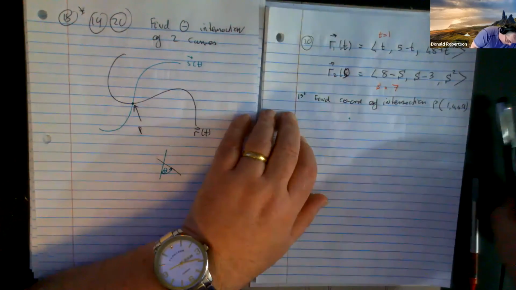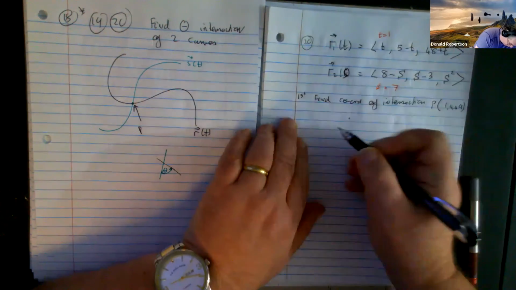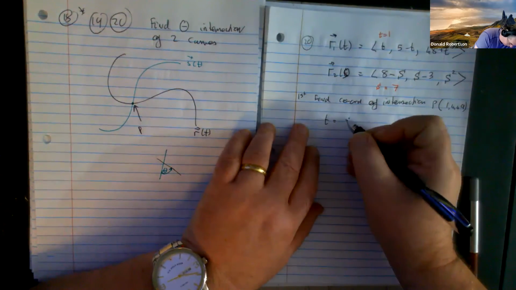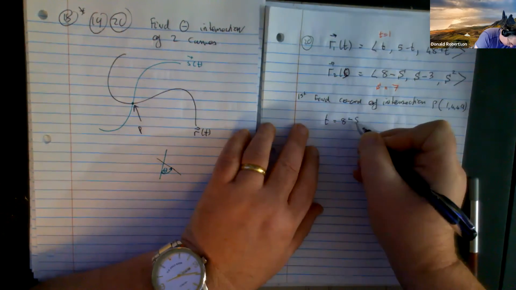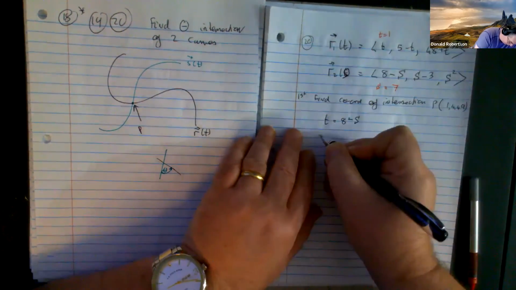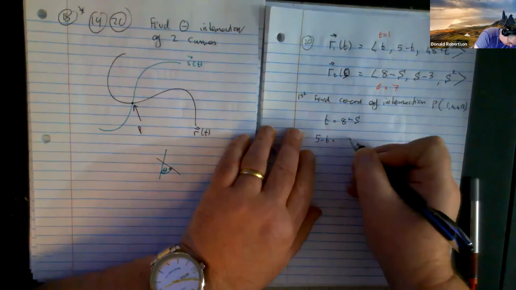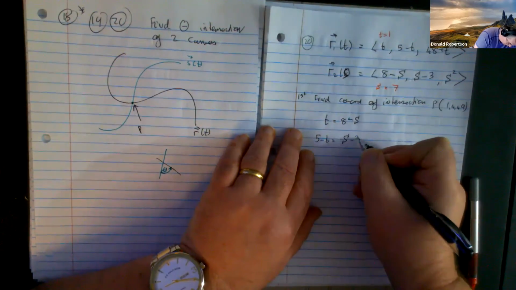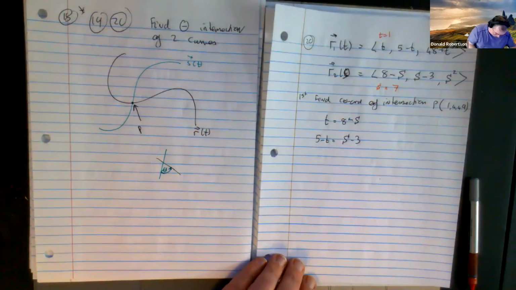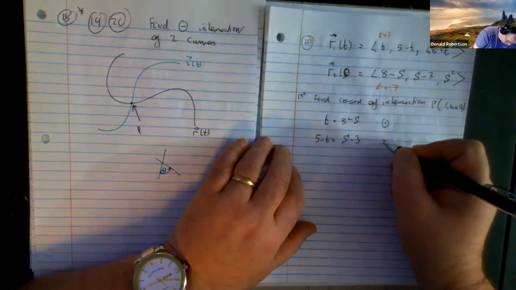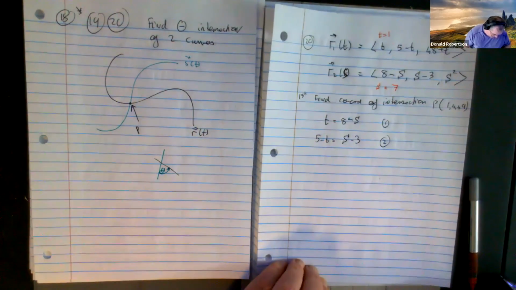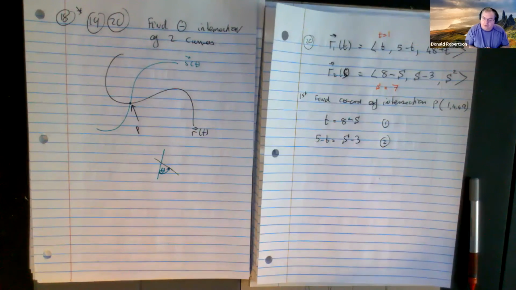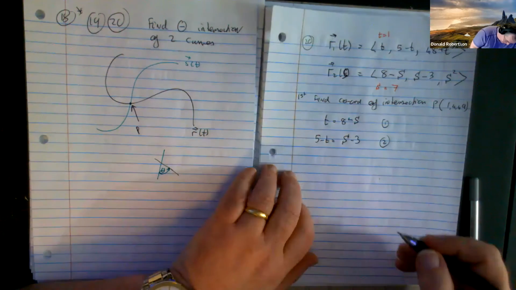This is how you would find it. You'd match these two components together, and you'd match these two together. I'll call them equation 1 and equation 2. And then you'd solve a system of equations and you would find out that s was equal to 7 and t is 1.